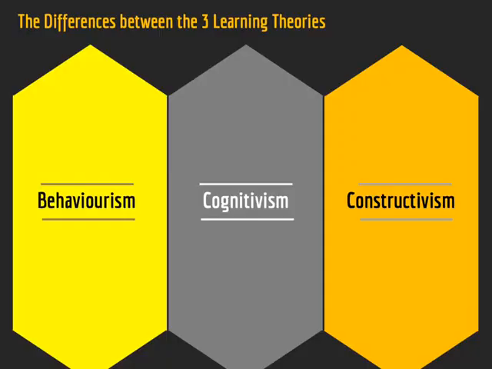So this lecture will focus on the differences between these three learning theories. Behaviorism emphasizes the stimulus and response relationship and the need to tightly control the learning through pedagogies and technologies associated with instructional design.